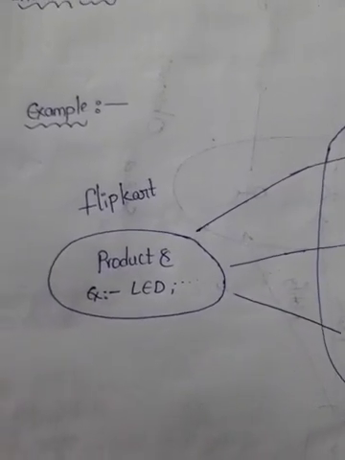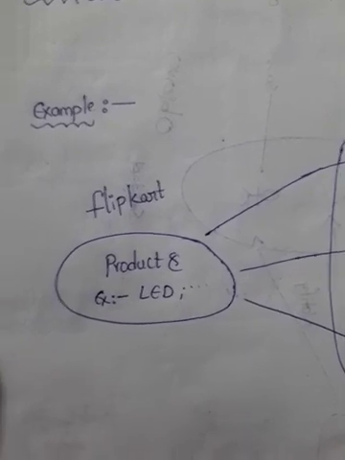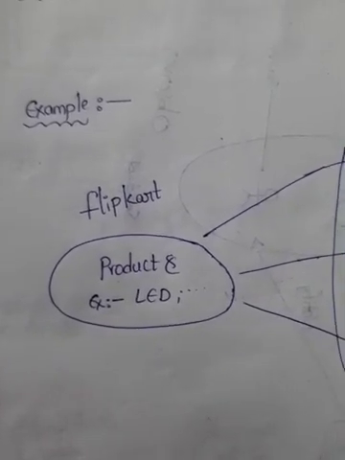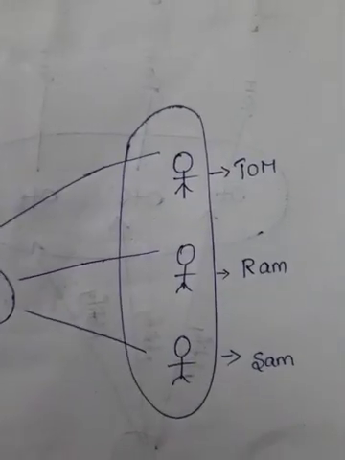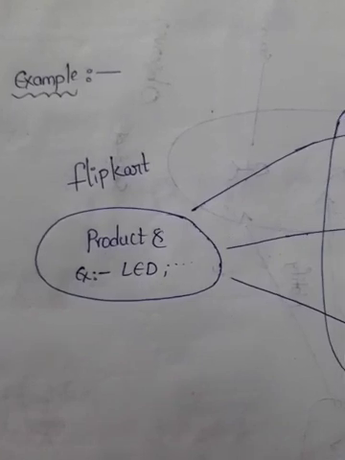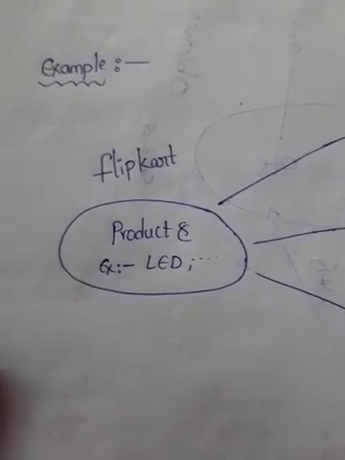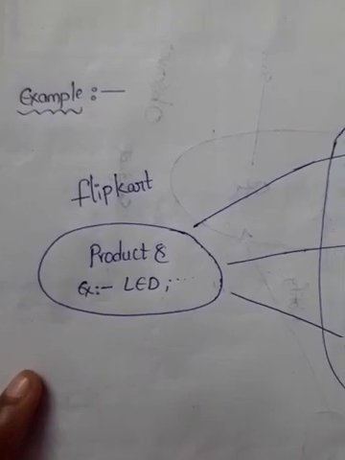If the model they want is not available, it will show the status as not available. But these three persons want to buy the same brand of TV. What they can do is use the option in Flipkart called notify me.